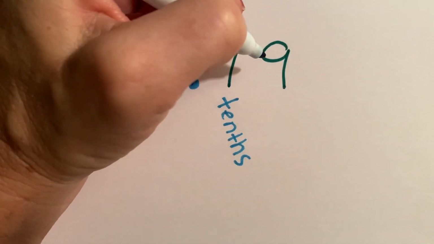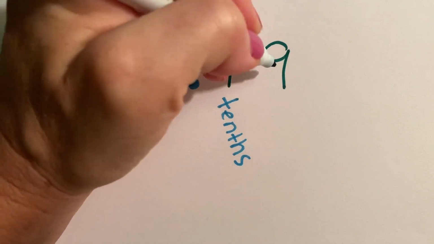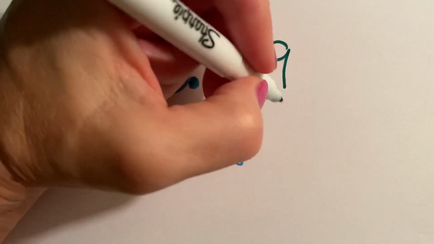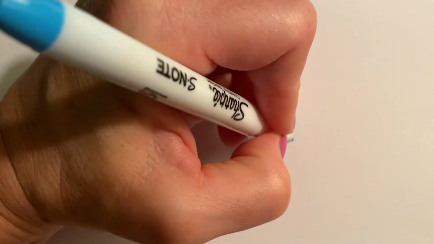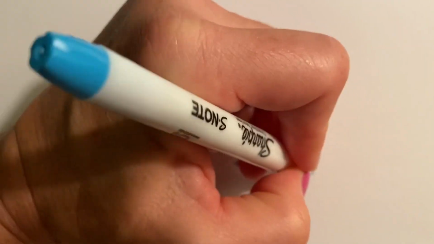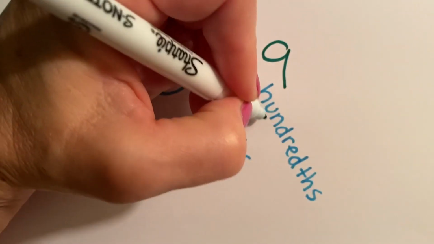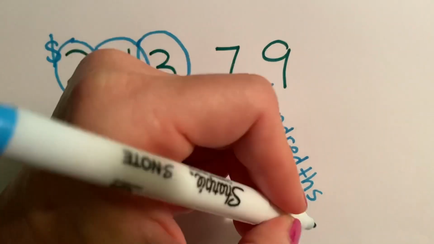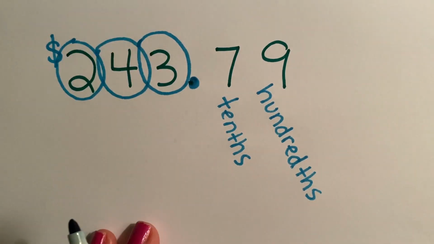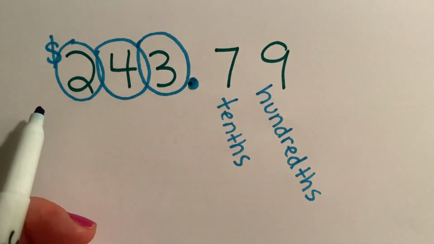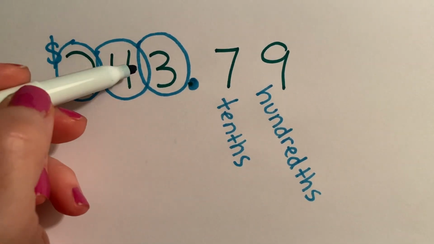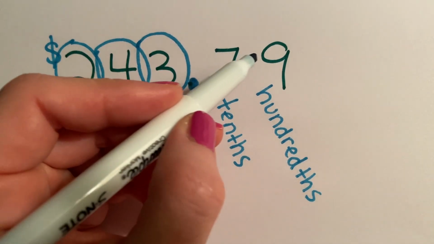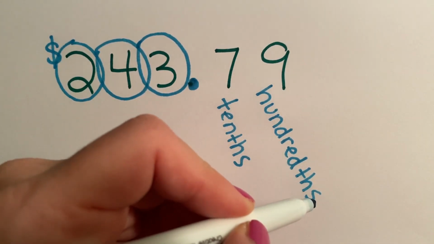And do you remember what the 9 is? The second number beyond the decimal point represents hundredths. What a funny word to pronounce. So another way to read this dollar value is 243 and 79 hundredths.